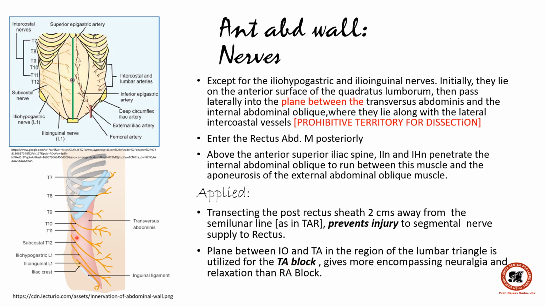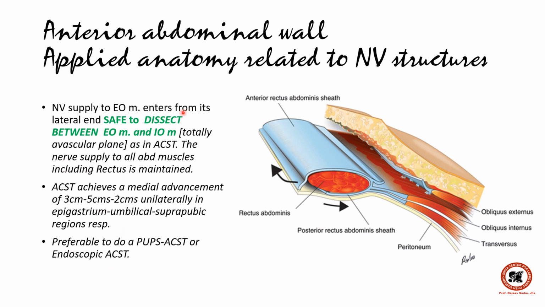The fact that these nerves are lying in between the transversus abdominis and the internal oblique means any local anesthetic infiltrated in this layer is going to numb these nerves, and that is the basis of the TAP block, usually preferably given in the posterior lumbar triangle, and it leads to better analgesia and better relaxation than the rectus abdominis block.